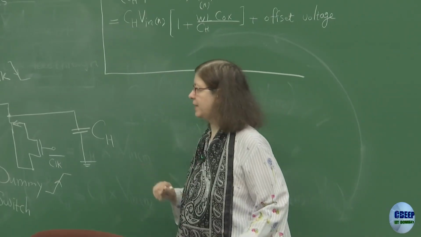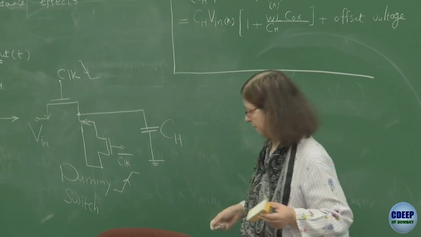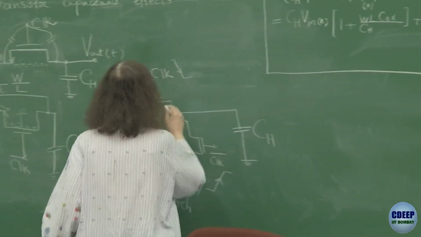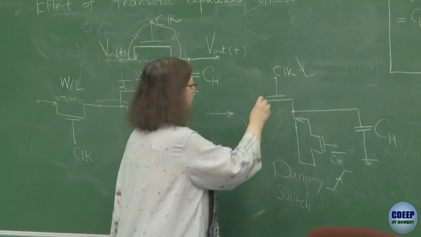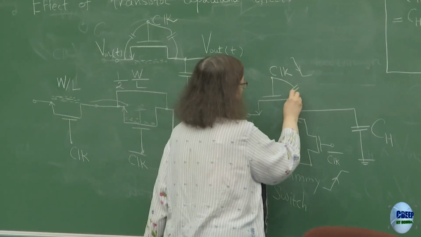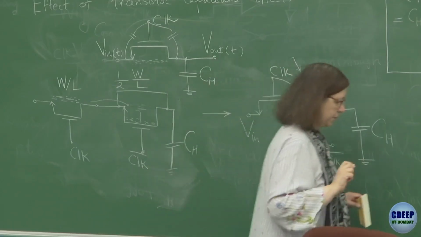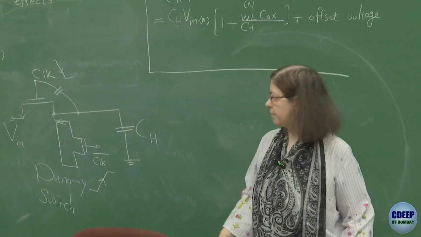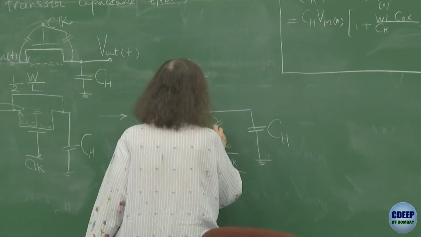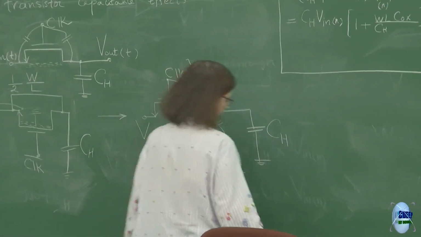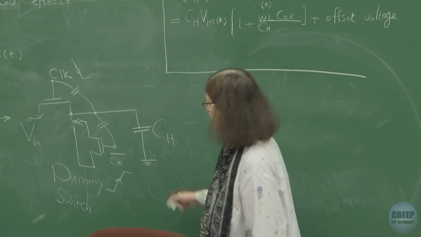Now the question here is, what do you think will happen for the clock feedthrough in this circuit? So therefore, we didn't talk about clock feedthrough when we were talking about this technique. But let's say we have now this parasitic capacitor as well. So now what do you think will happen for the clock feedthrough? Here also we have parasitic. And in fact, these two nodes are shorted.